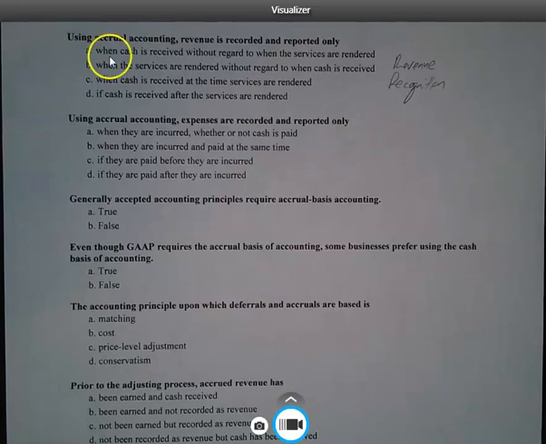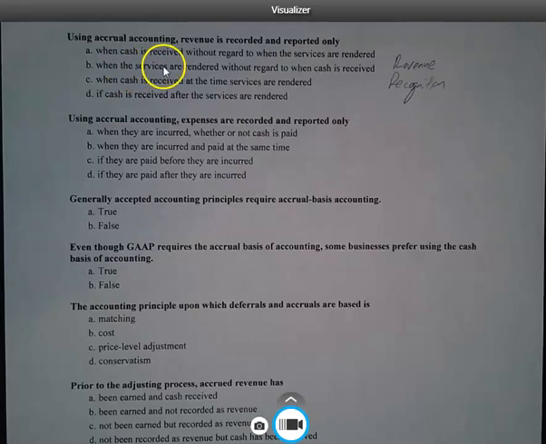So looking at choice A, it says when cash is received without regard to when the services are rendered. This will be incorrect, because if we're just looking at when cash is received, we could receive cash before it's actually earned, right? We call that unearned revenue, and unearned revenue is a liability. So A is going to be wrong.